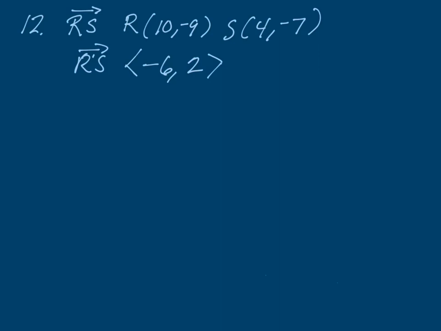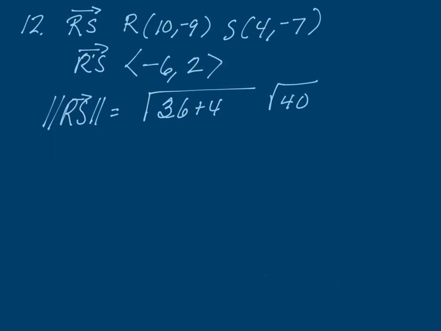Okay, and then we will say that the magnitude of RS is equal to the square root of 36 plus 4, or the square root of 40, which is 2 square root of 10. So we have 1 over 2 square root of 10 times negative 6, 2.